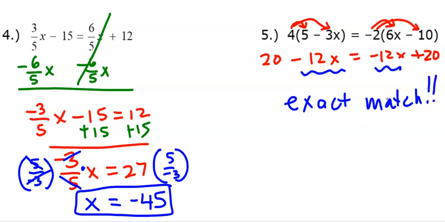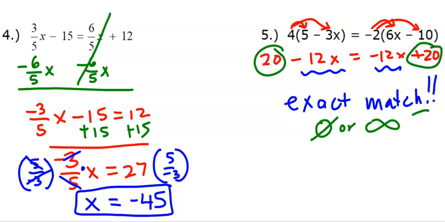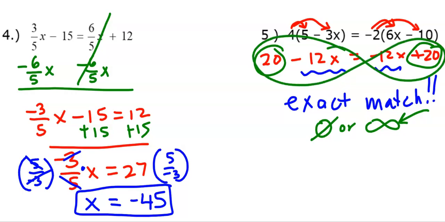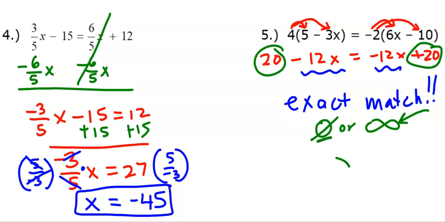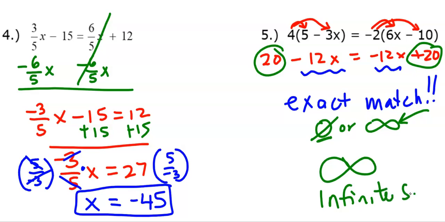And that's exciting, because whenever your x's on the left and right side are an exact match, you can take a shortcut to one of these solutions. And which one it is depends on the constants. If they match, then everything's a match, right? Infinite solutions. And if they're different, then it would be no solution. So we have infinite solutions for our equation.